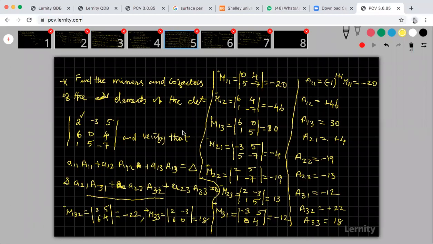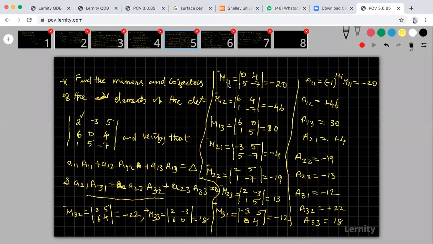So these are the minors of the given determinant elements. Now come to the cofactors, because finding the cofactors is also part of the question. What is a cofactor? I have already told you that if 1 plus 1 is an even number, multiply this minor by plus.